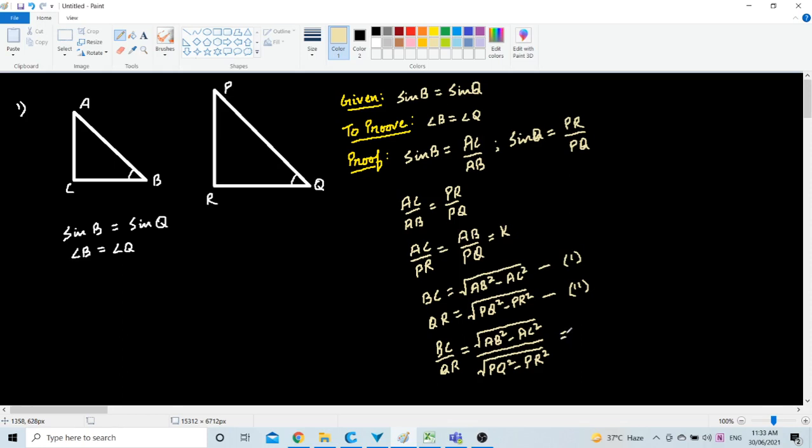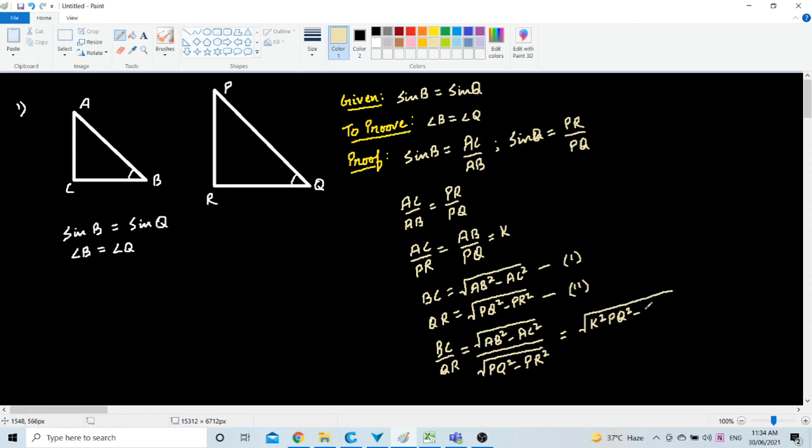Now what we can do is, AB can be written as K times PQ. So we can write K square PQ square minus, this AC can be written as K times PR as well.